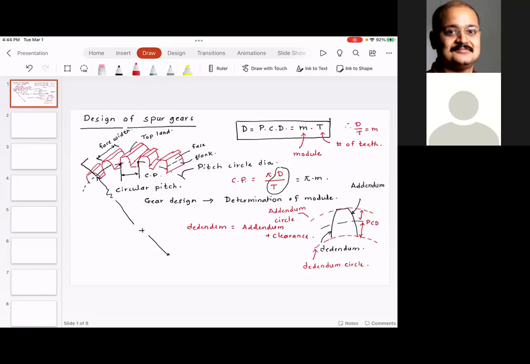Now, once again, I'm going to write this down. PCD, which stands for pitch circle diameter, is the diameter of a friction wheel, if the gear is replaced by a friction wheel.